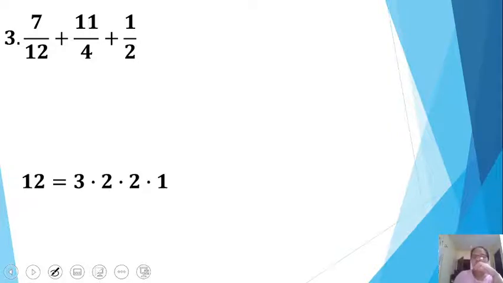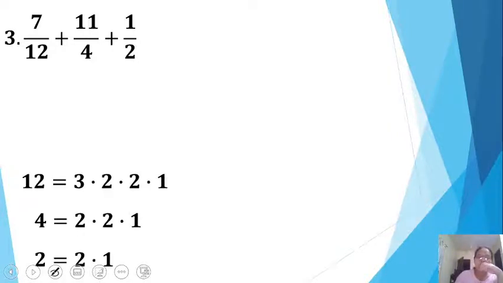How about 7 over 12 plus 11 over 4 plus 1 half? So we can get the prime factors of the three denominators. 12 can be expressed as 3 times 2 times 2 times 1. 4 can be expressed as 2 times 2 times 1. And 2 can be expressed as 2 times 1. So what are the common factors disregarding 1? We have 2 for the three denominators.